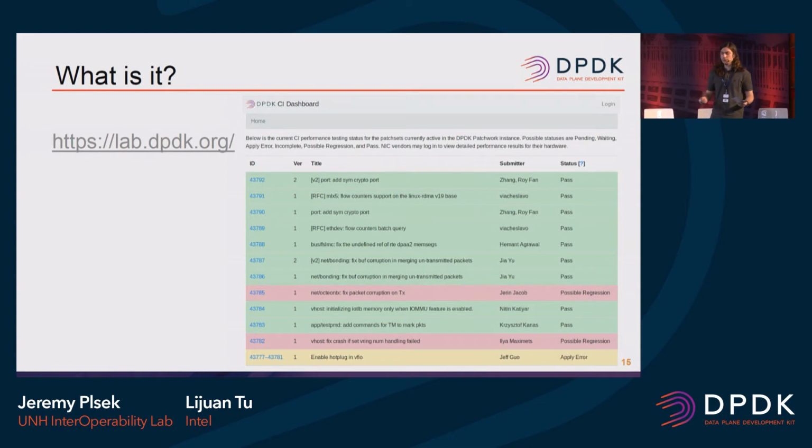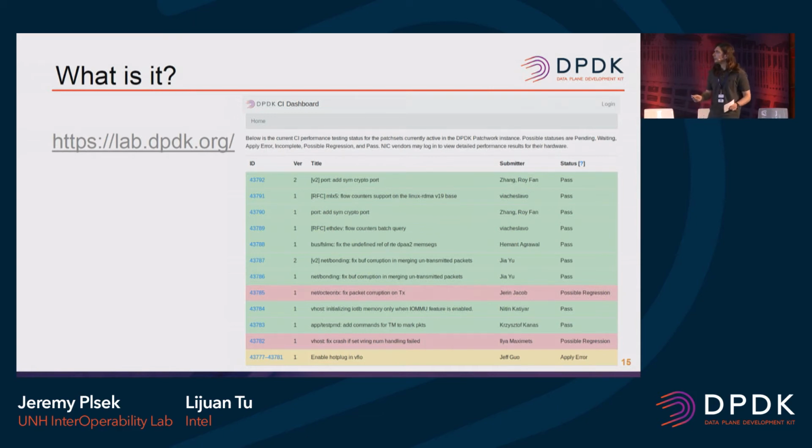Essentially, the goal is to measure relative performance of patches compared to the baseline of master. So what we log is just relative performance numbers. We don't log absolute numbers, and that's just to keep things neutral between members, because it is not meant to be used as a benchmarking tool.